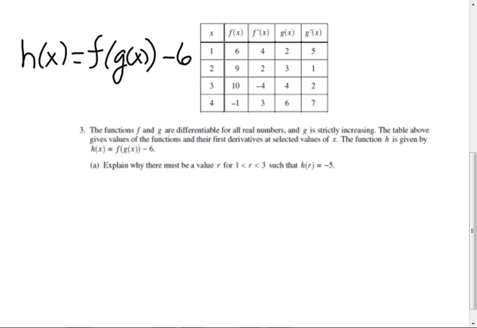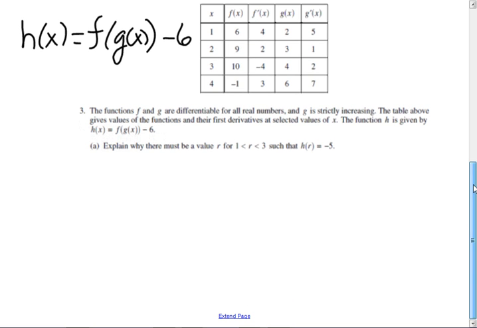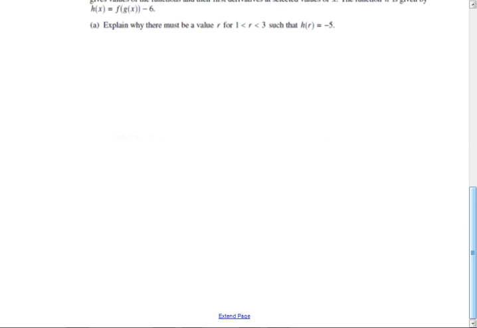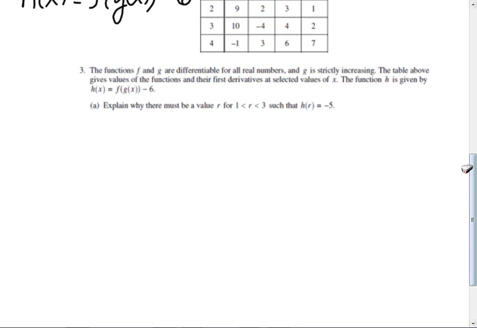Part A says, explain why there must be a value r such that r is between 1 and 3, such that h of r is equal to negative 5. Well, I think the r throws you off right away. It kind of threw me off too. In other words, r is just an x value. So why don't we say this?